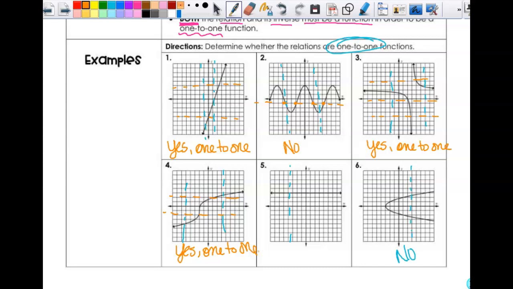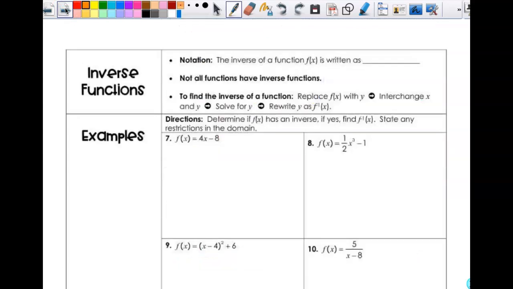And then 5? The answer is no, because if I put a horizontal line right here, it intersects an infinite amount of times, so that's a big fat no. Okay? So for the inverse to be a one-to-one function, you have to pass the horizontal and the vertical line test. All right, so let's talk about inverse functions here.